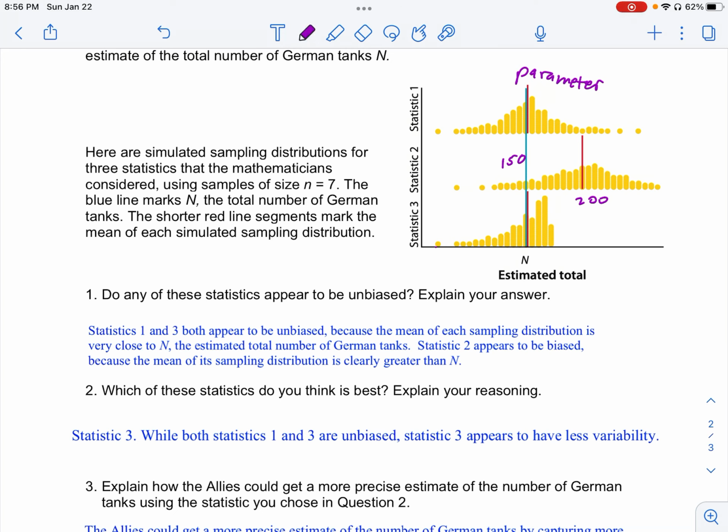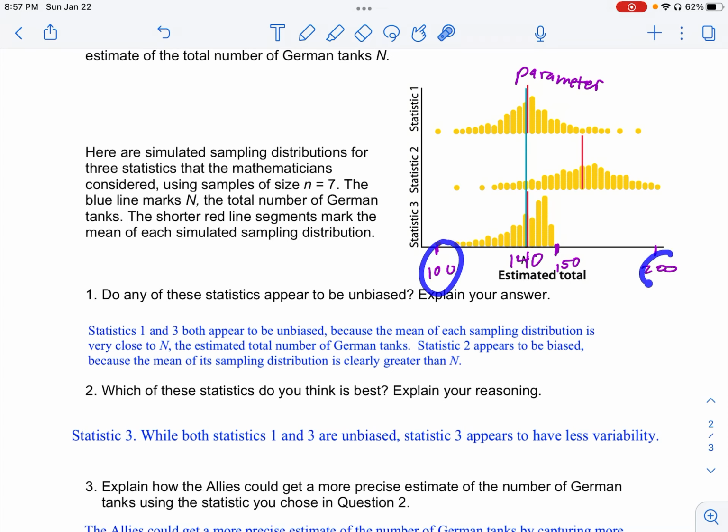If you quantify this, for example, let's say down here was 100 tanks and way up here was 200, and then what we're looking for is, say, 140. And maybe this mark here is 150. The upper statistic is far more variable.